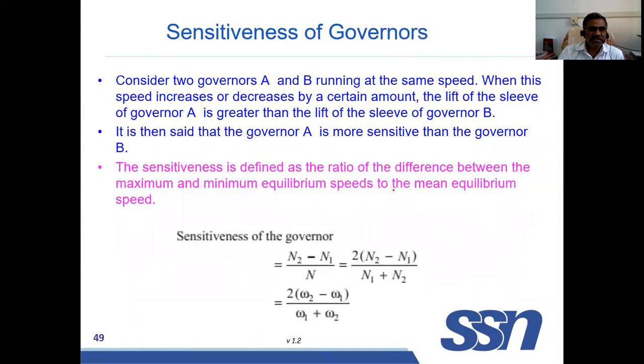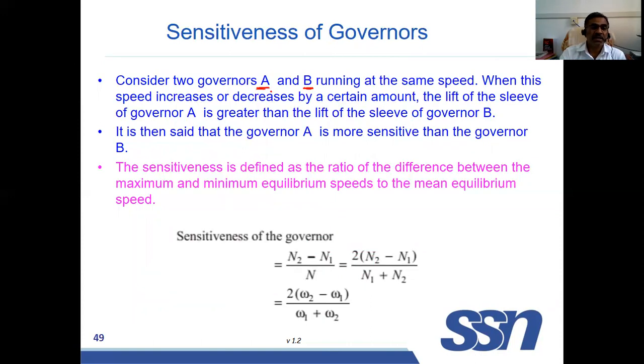So now we are going to discuss sensitivity. What is sensitivity? Consider two governors, governor A and B. Now you increase the speed of both governors by the same amount.